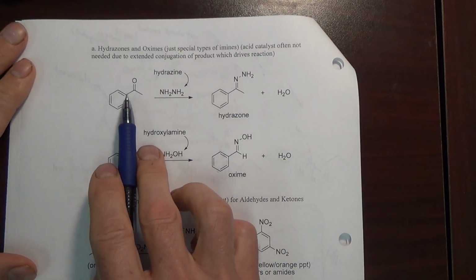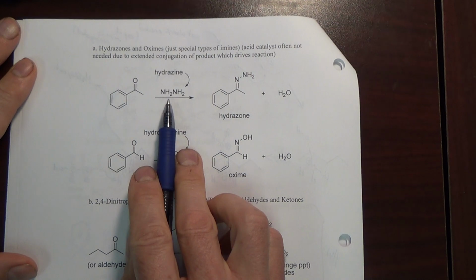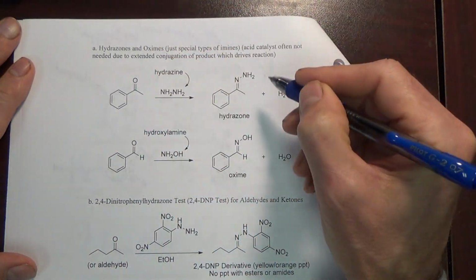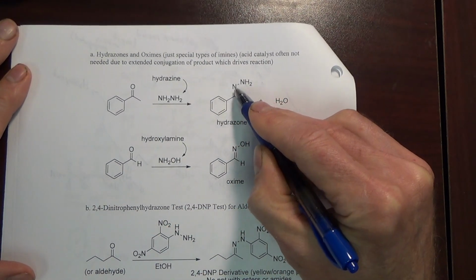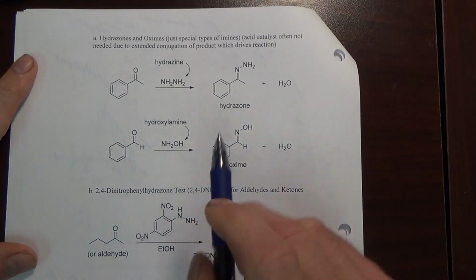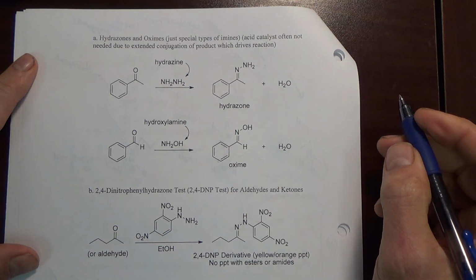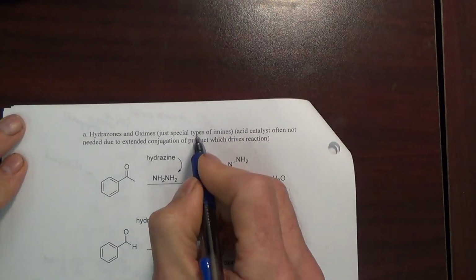If you react an aldehyde or ketone with hydrazine, you will get an imine. One of the amino groups adds and you get an imine. But the imine will have an NH2 group bonded to the nitrogen. And that is called a hydrazone. It's a special type of imine, okay?